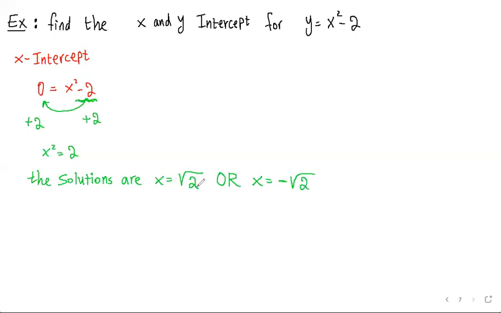So I have 2 x-intercepts. This means this graph intersects the x-axis at these 2 points.